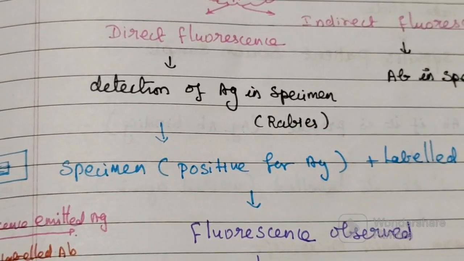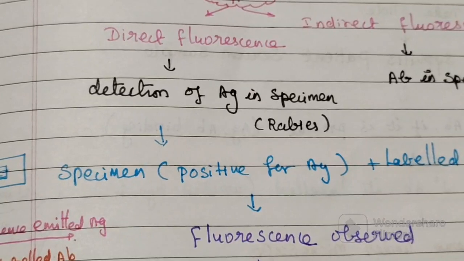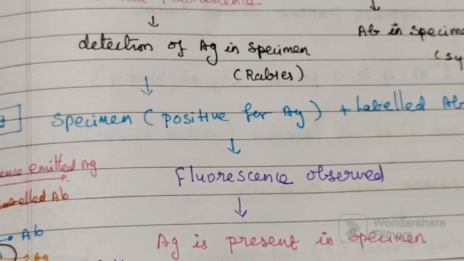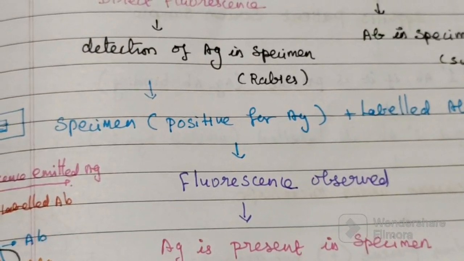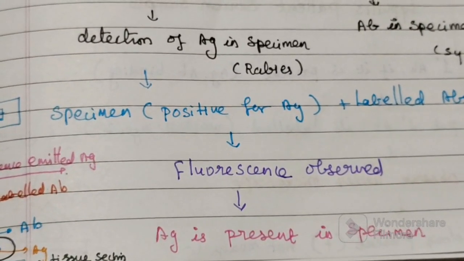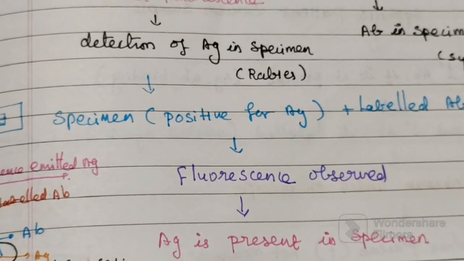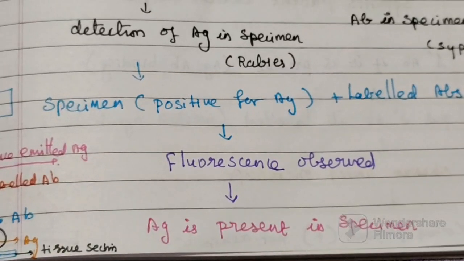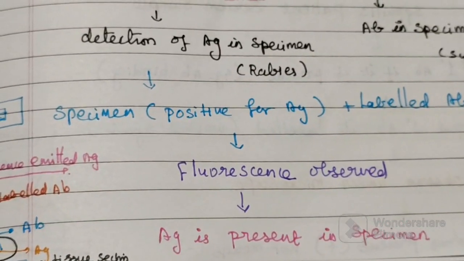After washing, we see under the microscope whether antigen is present or not. If light is emitted, it means antibody is present on the tissue, which means antigen is present on the slide. If light is absent, the antibody was washed away because no antigen is present.